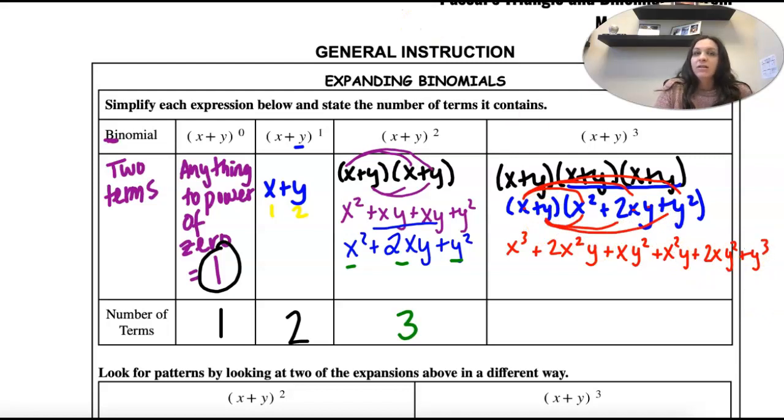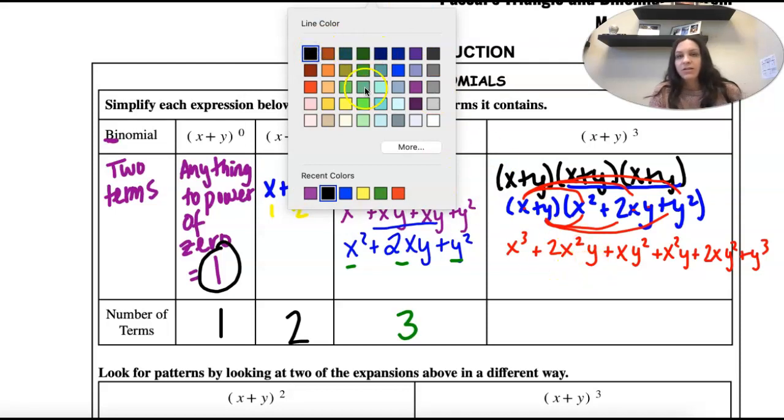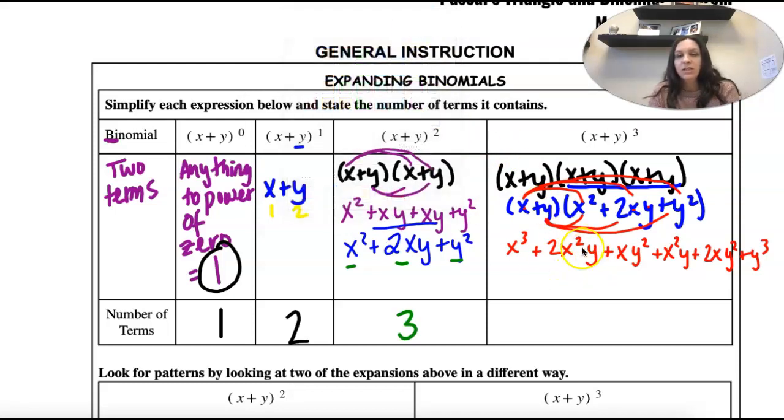Alright, that's a lot. We're going to look for like terms. Okay, so still have x cubed, which is one of those. And then I have an x squared with a y, x squared with a y, and there's 2 of those, and then 1 of those.